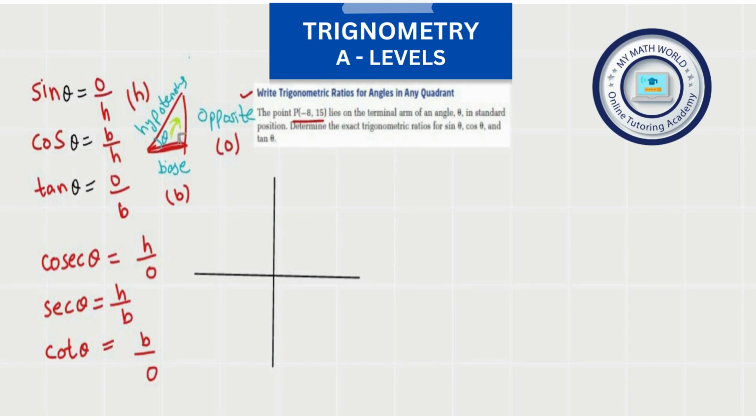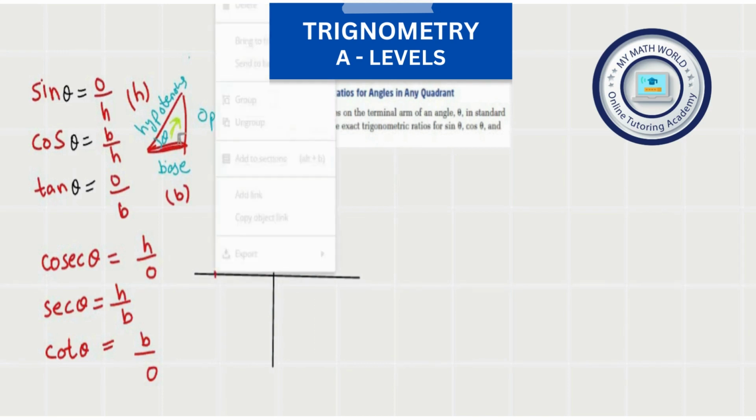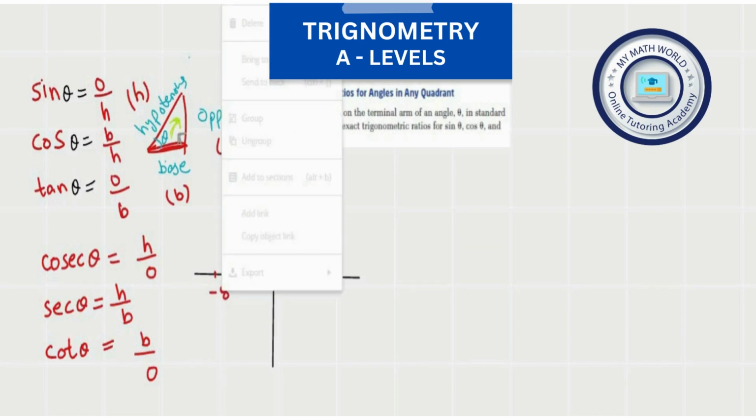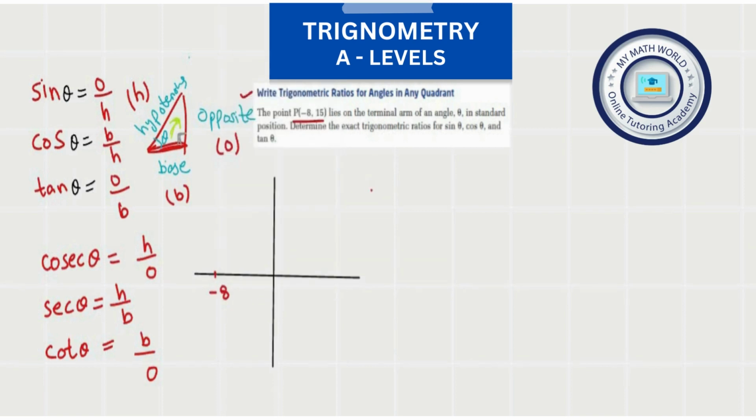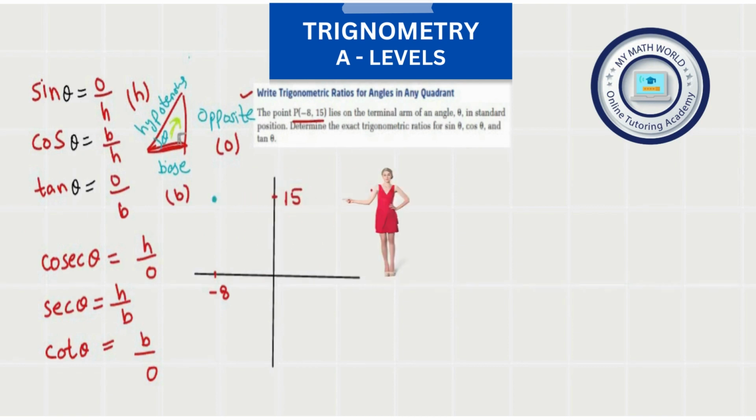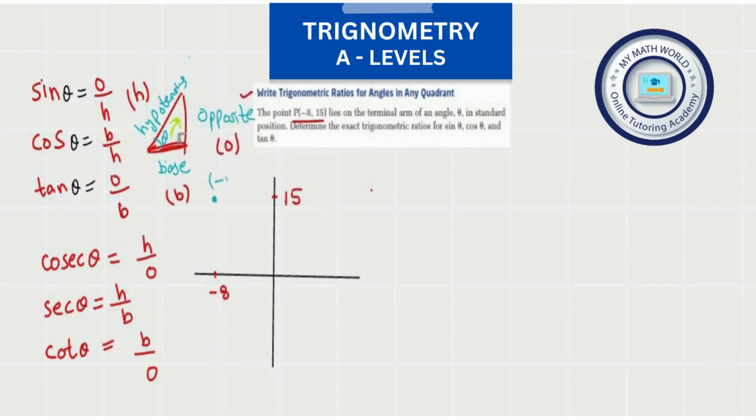The x coordinate is minus 8, so let's take this minus 8 over here, and the y coordinate is 15, so we can take positive 15 on this side. So the concerned point would be this one, where x is minus 8 and y is 15. This is the required point P which is given to us.